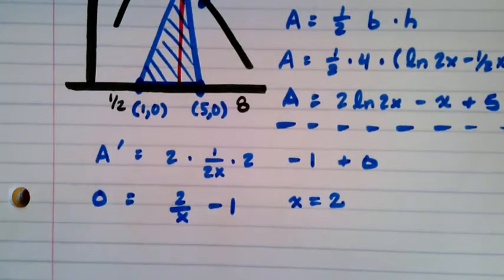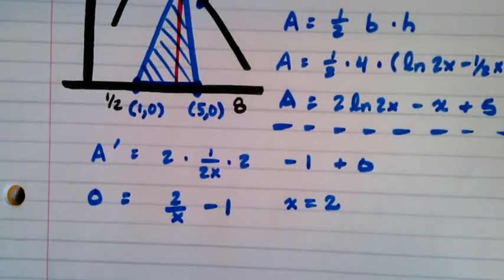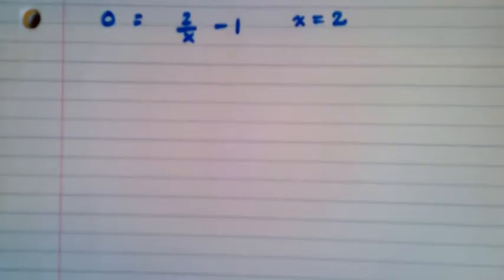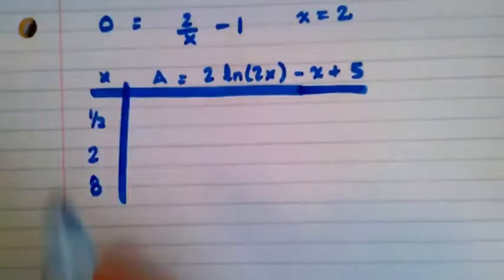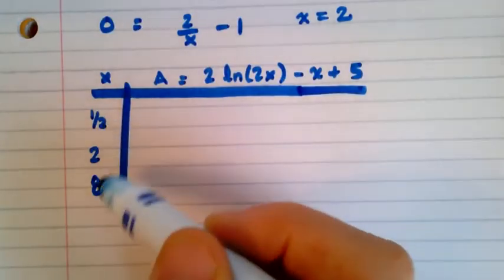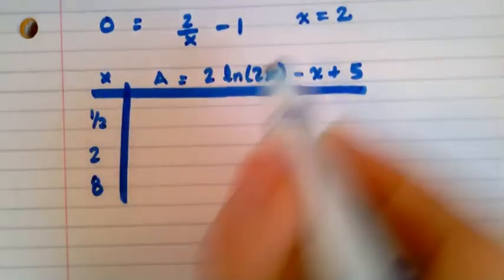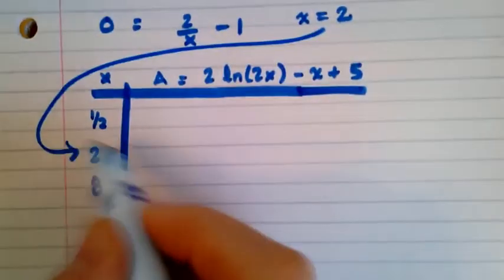Now, the question says, what is the maximum area of such a triangle? So what we need to do next is say, well, there are three possible candidates. We know that the maximum is either going to happen at the initial endpoint, at the end endpoint, or at the critical point that we just found in the middle.